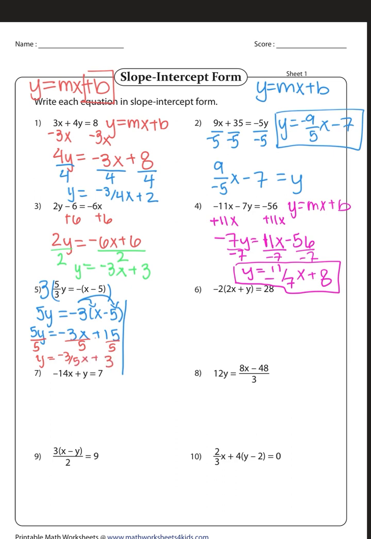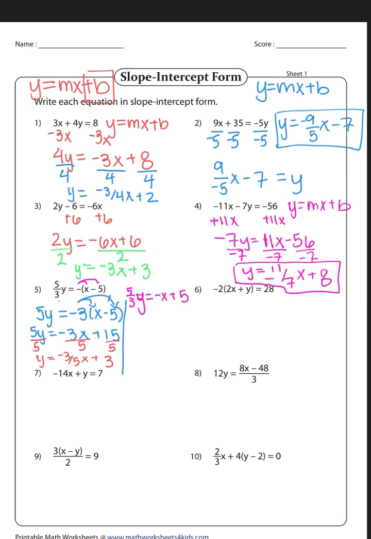Okay, so that's one way to solve this problem. I'm going to show you another way to solve this problem. Another way is by distributing the negative sign first. So we have 5 over 3y is equal to negative x plus 5.